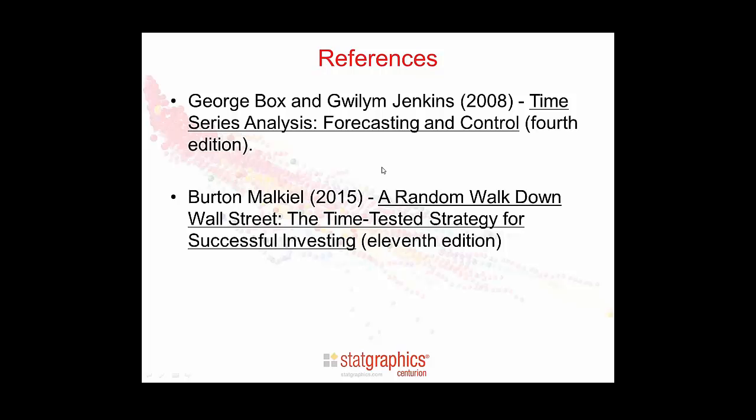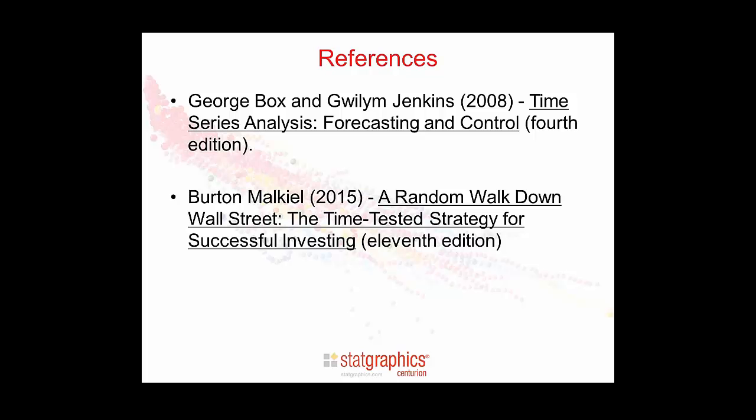And finally, the two references you might be interested in. The main reference for the ARIMA models is Box and Jenkins. Box and Jenkins wrote a book now in its 4th edition called Time Series Analysis, Forecasting, and Control. And then I have also put here the book that Burt Malkiel wrote called A Random Walk Down Wall Street, the Time-Tested Strategy for Successful Investing.